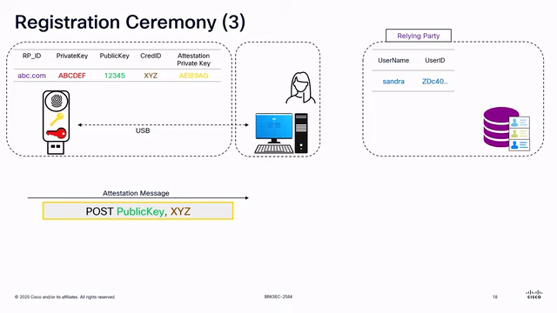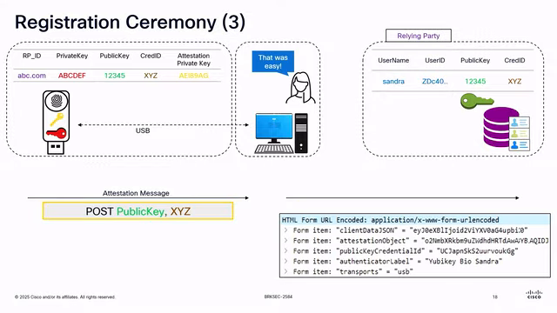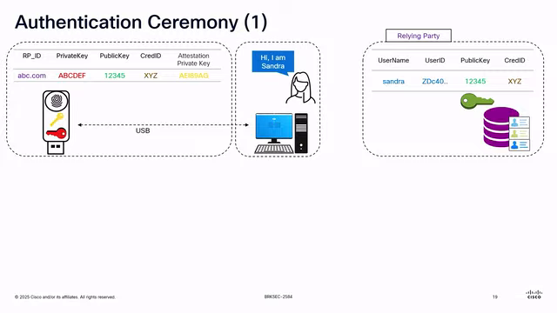Now, a credential ID uniquely identifies a passkey. All that gets sent to the relying party, and the relying party validates that incoming message. If everything looks good, the public key as well as the credential ID gets stored next to the user record of Sandra. And now Sandra can use the passkey for authentication.